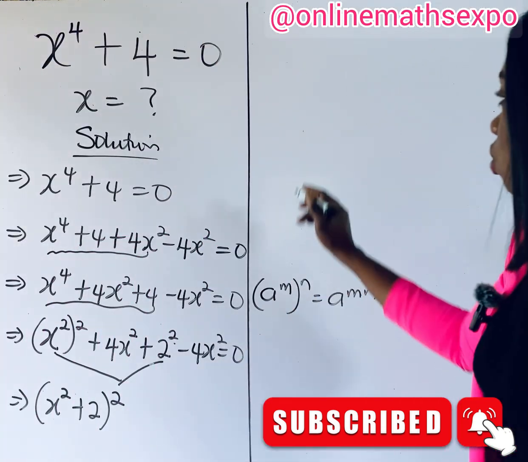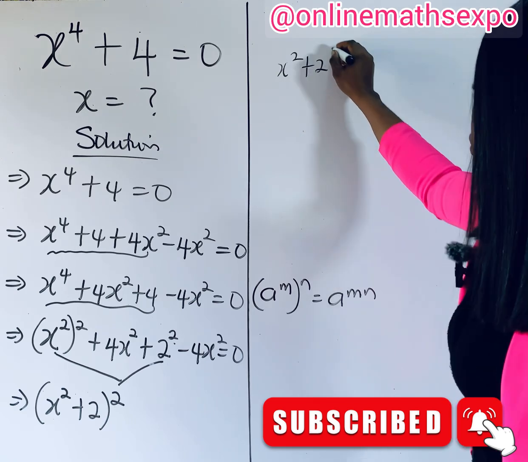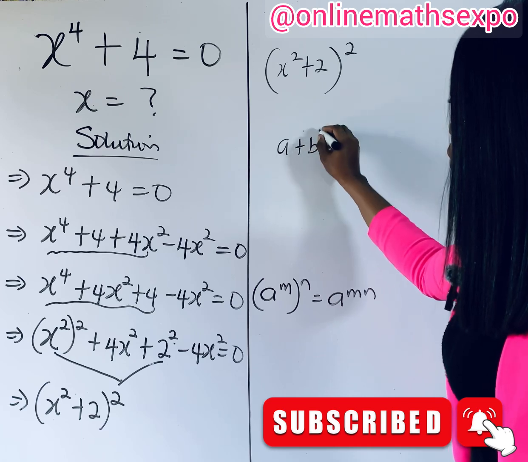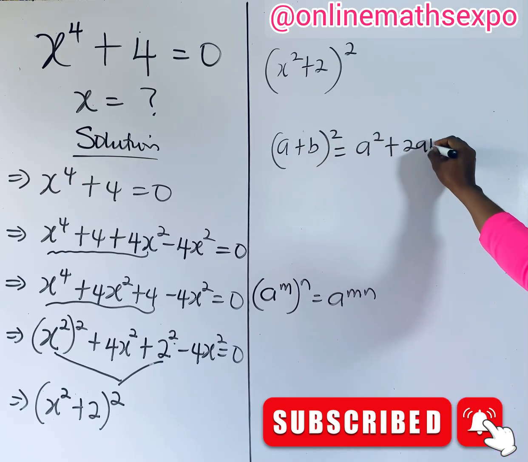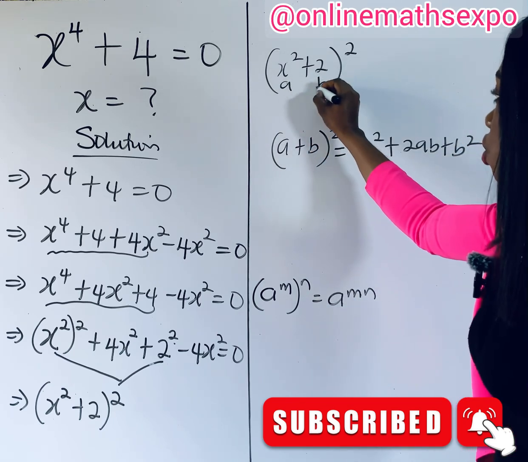So to expand it, we are going to have x squared plus 2 raised to power 2. Remember that for every a plus b raised to power of 2, it is a squared plus 2ab plus b squared. So this is your a, this is your b.